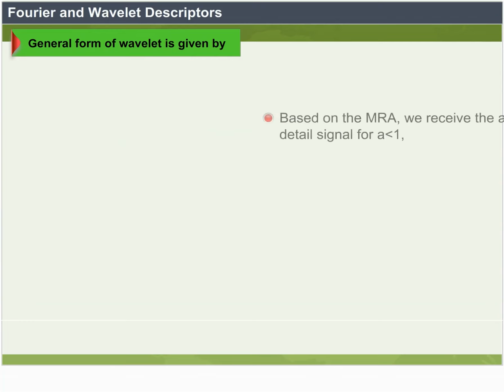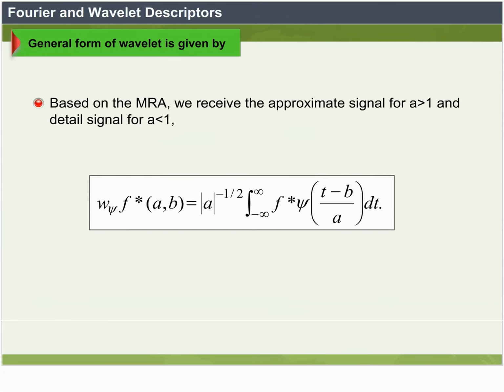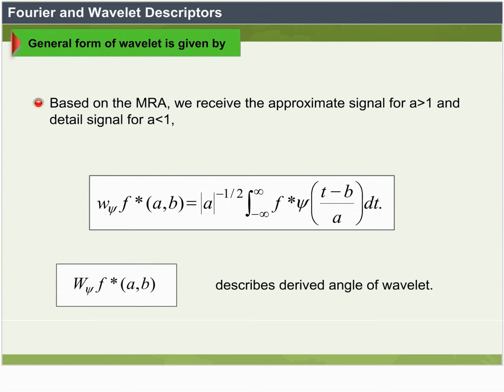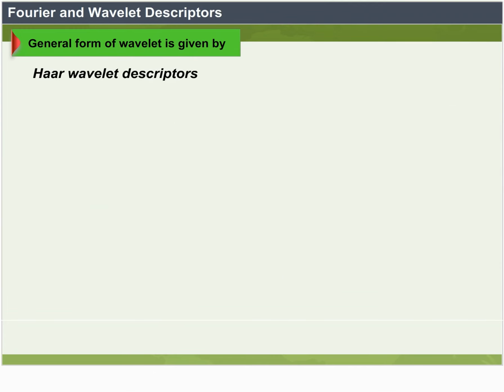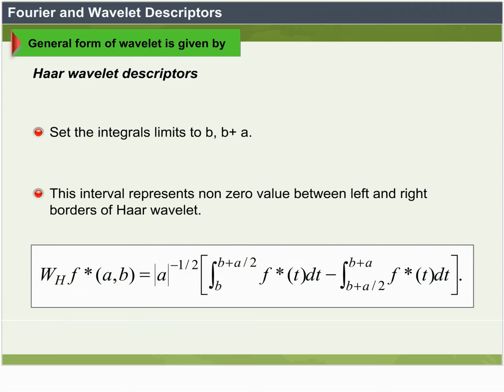Based on the MRA, we receive the approximate signal for a greater than 1 and detailed signal for a less than 1 as shown. Haar wavelet descriptors. This is obtained by setting the integral limits to b, b plus a. This interval represents non-zero value between left and right borders of Haar wavelet.